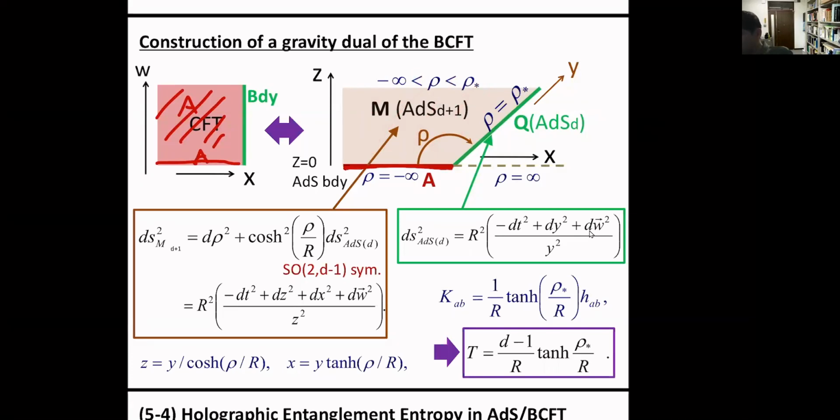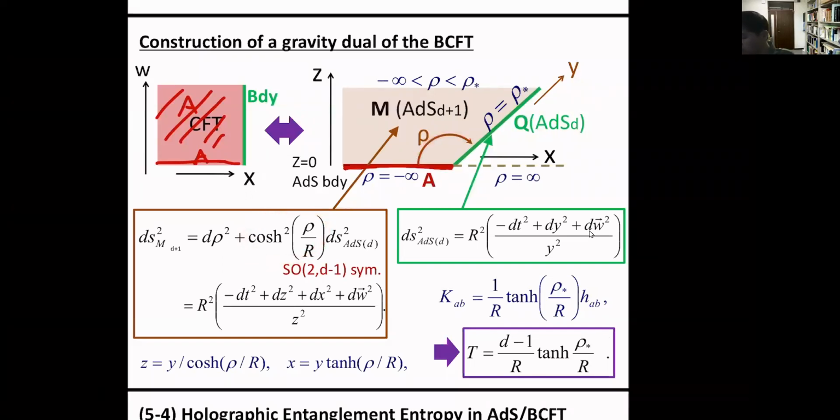But there is a useful coordinate system called rho, which is a kind of hyperbolic slice. So you have AdS D+1, right? But you can have a slice where on each slice the metric looks like D-dimensional AdS space. In this case the warp factor is cosh rho squared, and rho is this coordinate.